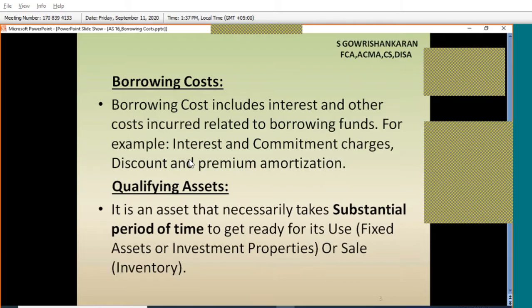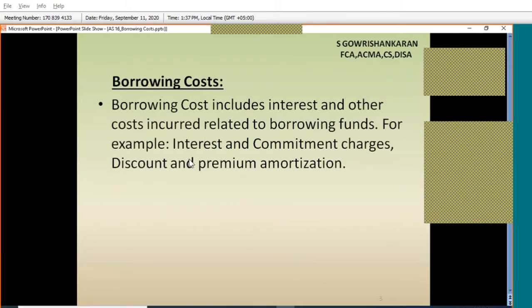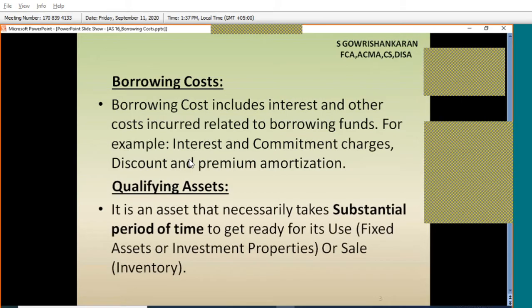Qualifying assets. Borrowing costs you know already: interest, processing fee, all those things. The new thing is the qualifying asset. What is this qualifying asset? As I said, it is an asset under construction, an asset being prepared for use.